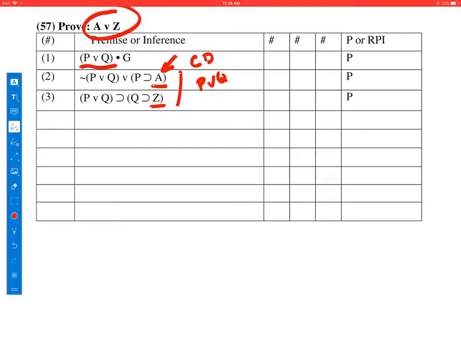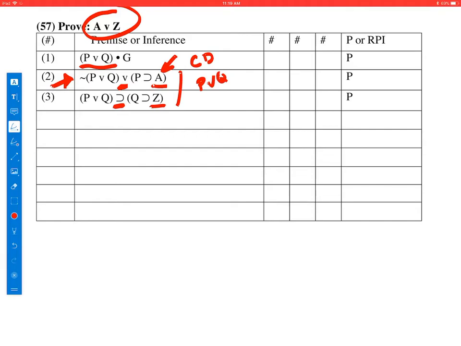The only problem is that these two conditionals, the P then A and the Q then Z, are part of larger statements. One's an or and one's an if then. So to get those conditionals out of lines 2 and 3, I'm going to need to do some work.